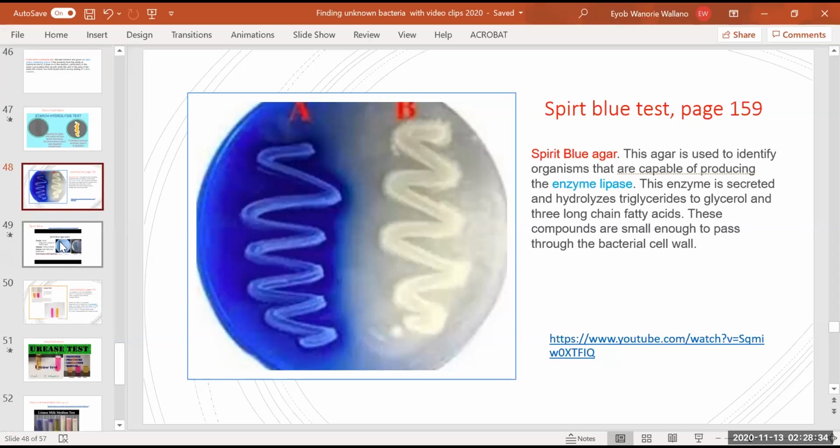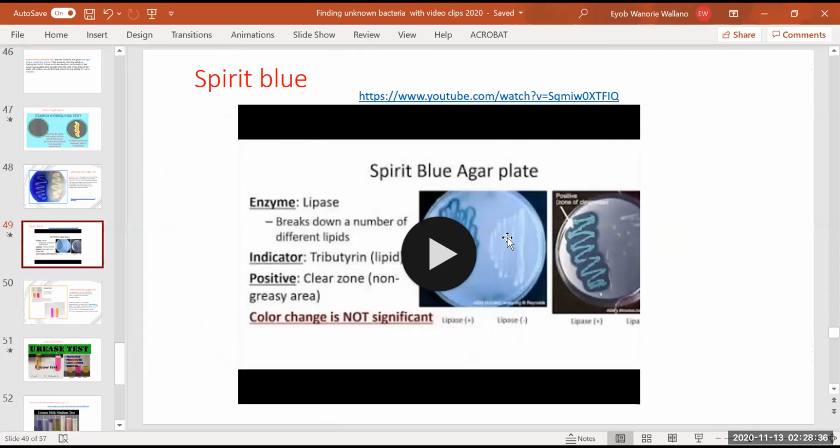So here you have an agar plate with media, and it is going to change bluish because that bacteria has lipase breaking down the structure. That's why it changes the color. Very interesting. That is the spirit blue agar plate, as we call it.